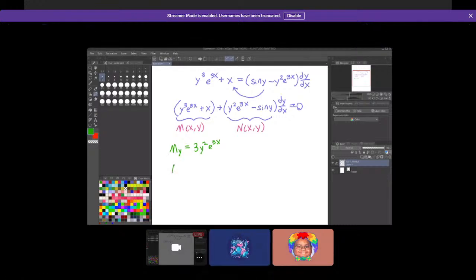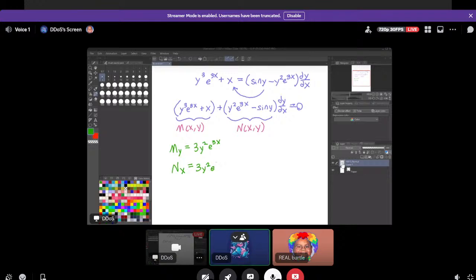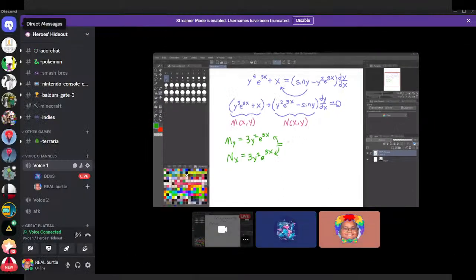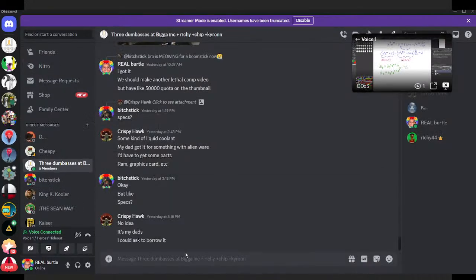And then we take the x derivative of N, which is going to be 3y squared e to 3x. And they're equal, which is good. It means the professor likes to give me nice equations. So this is called an exact equation.